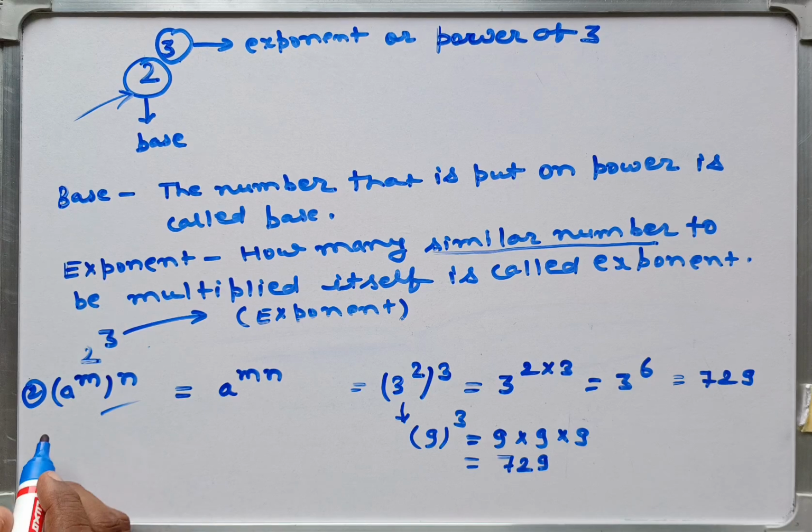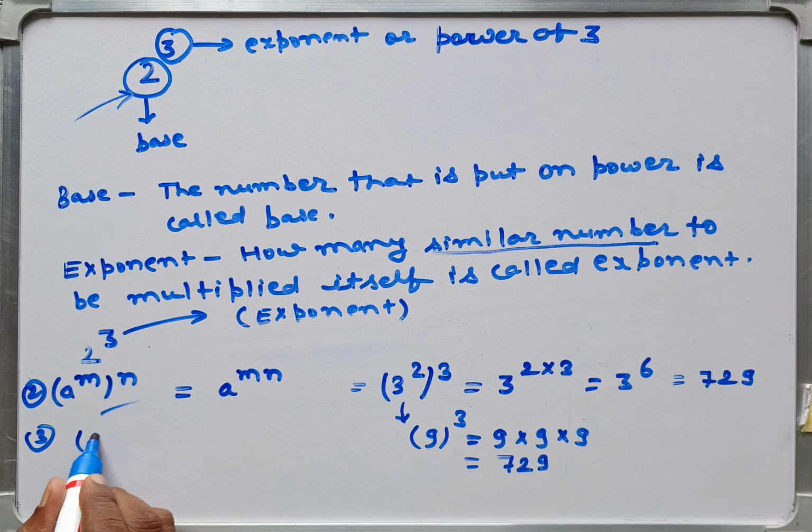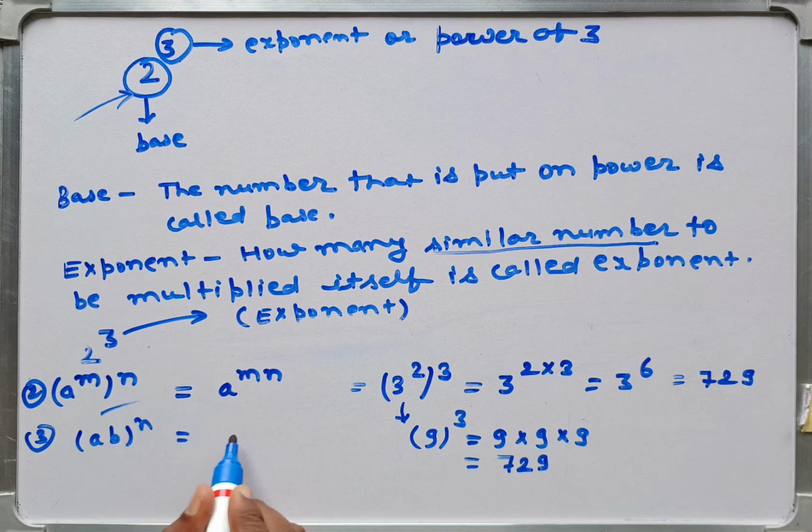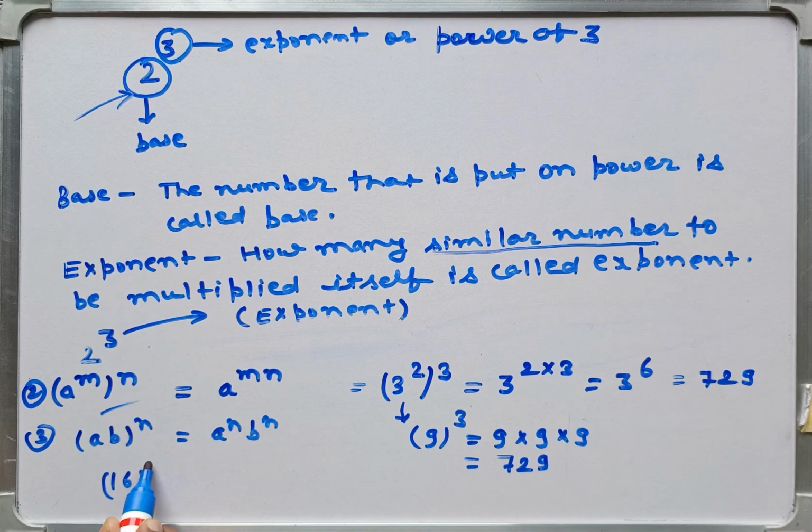Next, see the third one. Suppose a number is written like ab to the power of n. You can write it as a to the power of n, b to the power of n. Suppose a number is 16 to the power of, suppose, 7. You can write it as 2 into 8 in brackets, then 7. So you can write 2 to the power of 7 into 8 to the power of 7.